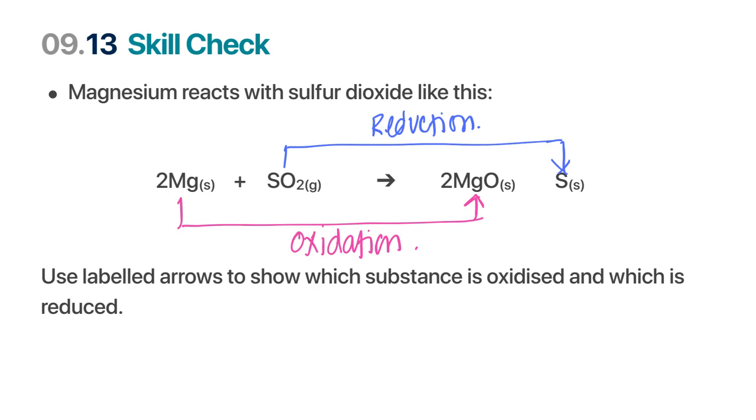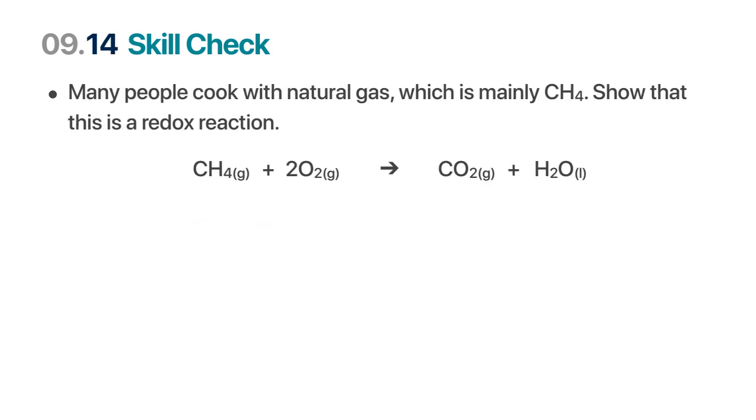Okay? Let's move on. I need to show this is a redox reaction. How do I do that? Well, I highlight where carbon is. I can do it in terms of the charges, but it's kind of easier to talk in terms of oxygen. So it's not only losing hydrogen, which is in itself oxidation, but it's also gaining oxygen, which is double oxidation.